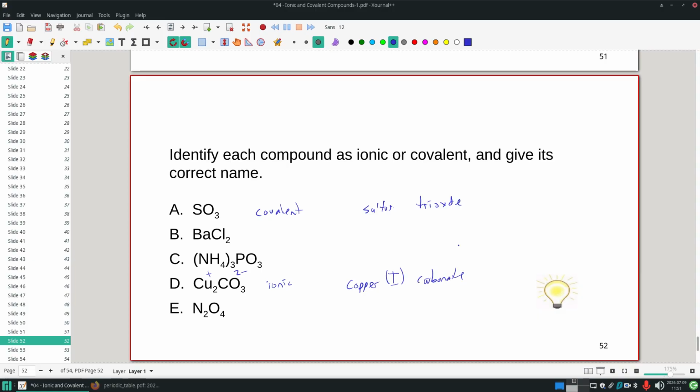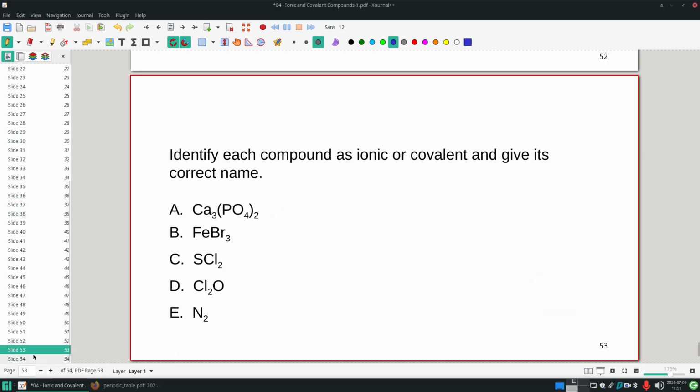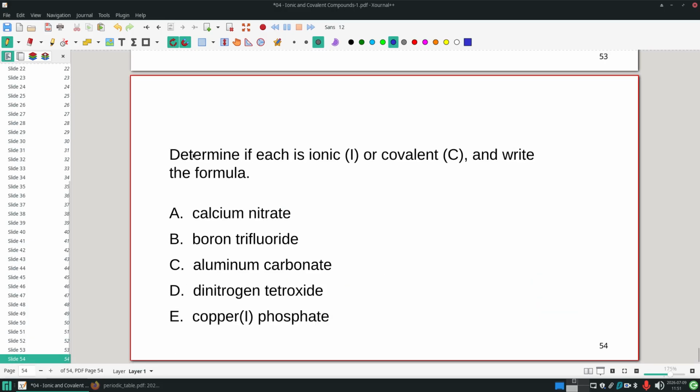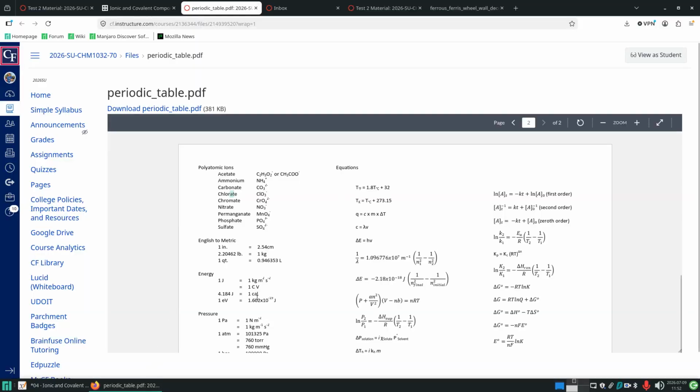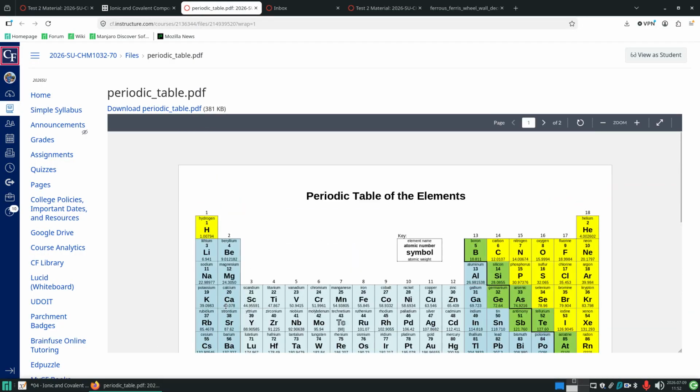Piece of cake. Alright, like I said, I have the little practice test going. I have a bunch of these as sample problems, but let's try to go backwards on one of these. So I'm doing the same thing. Is it ionic or covalent? And then give me the formula. So this first one I have calcium nitrate. Calcium is one of my metals.